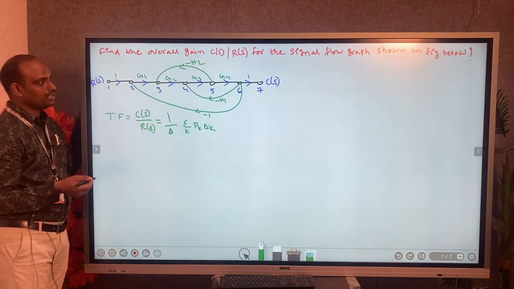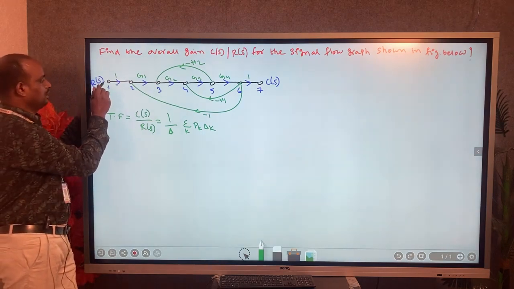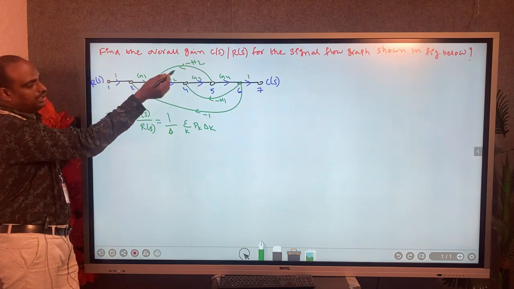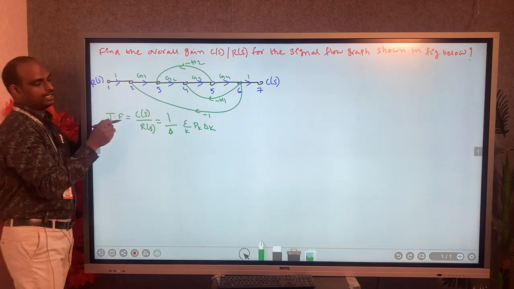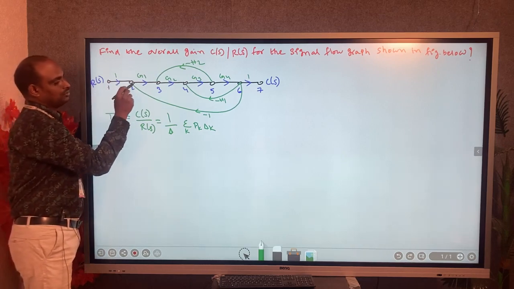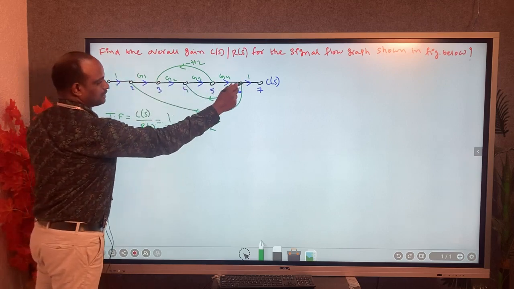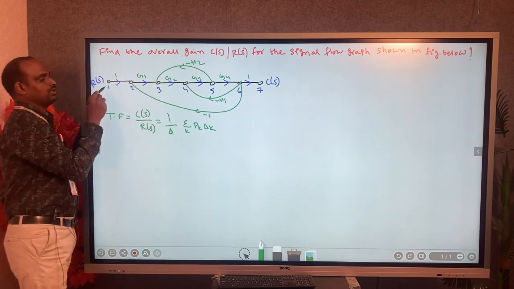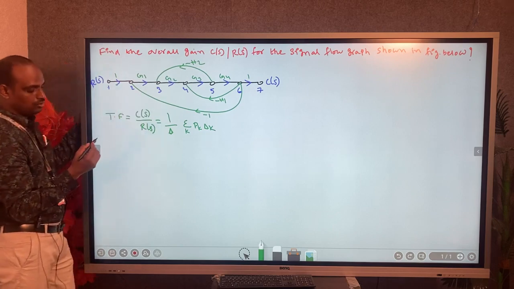Now observe how many forward paths there are. First you take the initial node 1, and it has to reach output node 7 in the forward direction. From 1 to 2 there is a forward direction, 2 to 3, 3 to 4, 4 to 5, 5 to 6, 6 to 7. One forward path is from node 1 to node 7, covering all nodes.